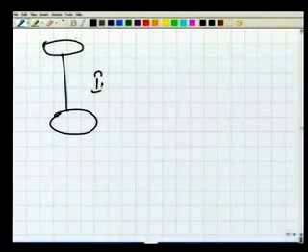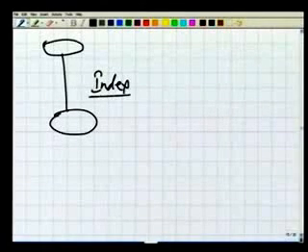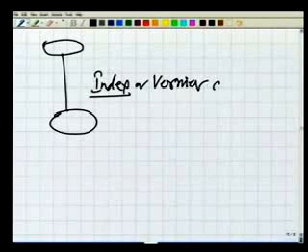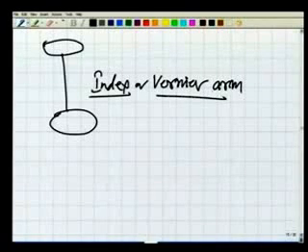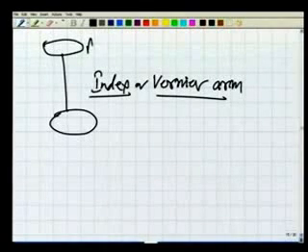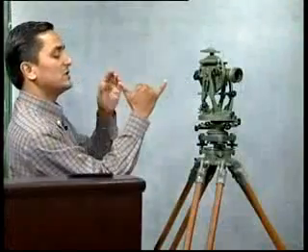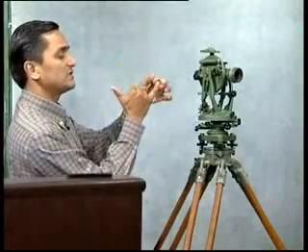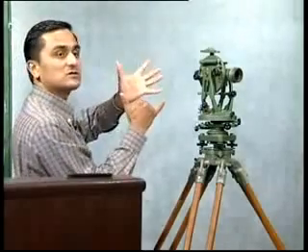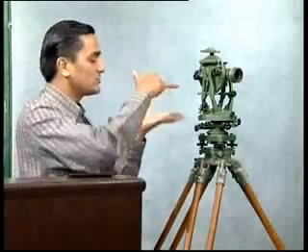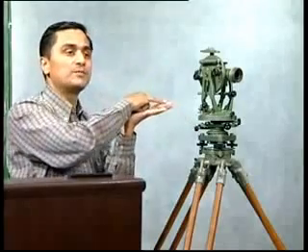This assembly which I had just plotted is also called index or vernier arm. Similarly here, for example, we can imagine, let's say this is A index and this is B index. That's the horizontal circle. Just for the sake of showing you here, I'm showing you like this, otherwise in the instrument it is this way.